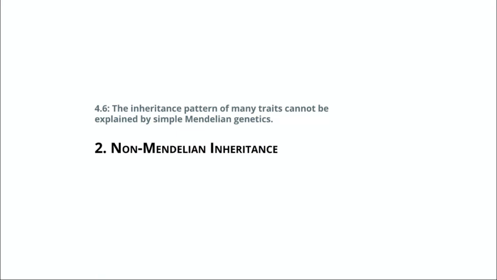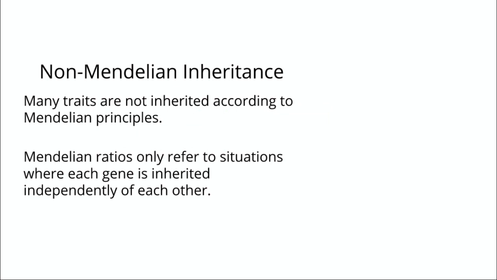So the previous examples were considered still Mendelian examples, polygenic, codominance and incomplete dominance, although they were pushing the boundaries. Now we're going to get into even more complex patterns, and we're going to look at non-Mendelian inheritance. Many traits are not inherited according to Mendelian principles, so it's not inherited due to the law of segregation and independent assortment.